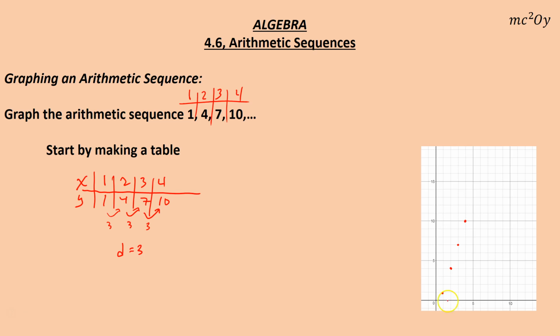Therefore, since I can't actually go to 1.5 on the x-axis and look up and see where it would hit the line or have a value for it, I can't actually draw a line connecting these dots. This is discrete data. So sequences provide discrete data. Okay, discrete meaning you don't connect the dots. You just have individual points.